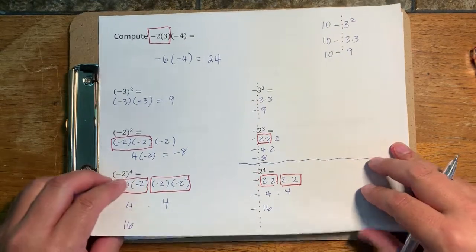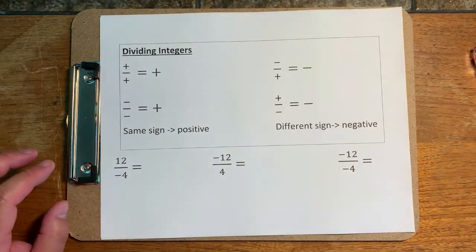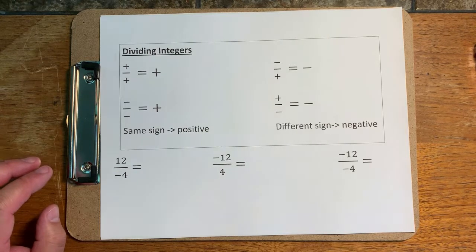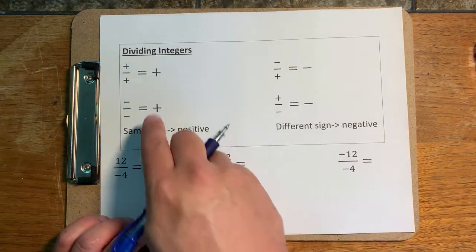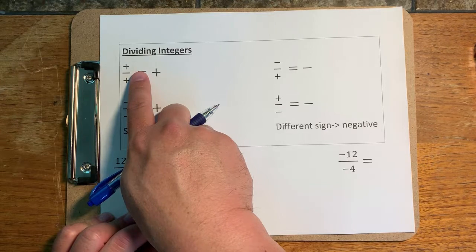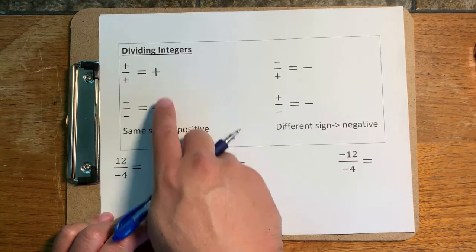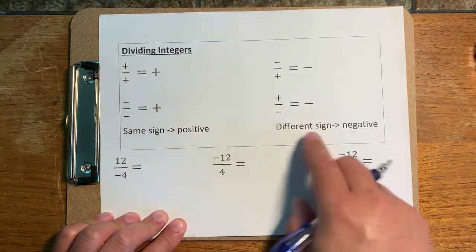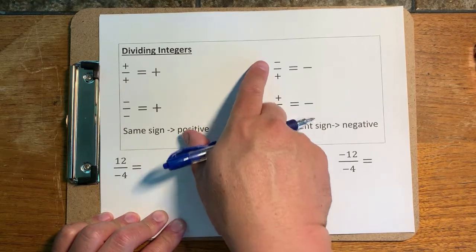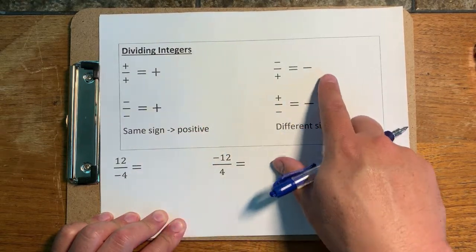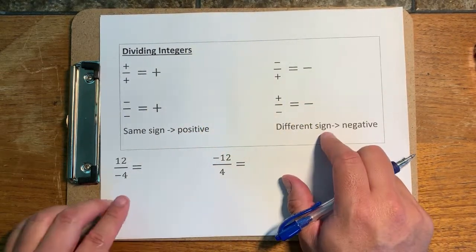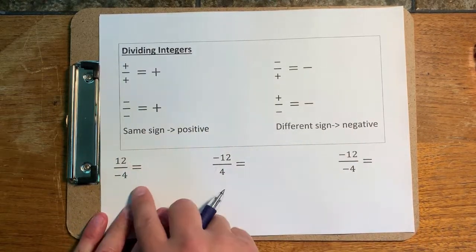Okay. Now let's look at division. Division follows similar rules to multiplication. When you divide two numbers and the signs are the same, you get a positive number. And then when you divide two numbers that have a different sign, your answer becomes negative. So in this case, we have a positive divided by a negative.